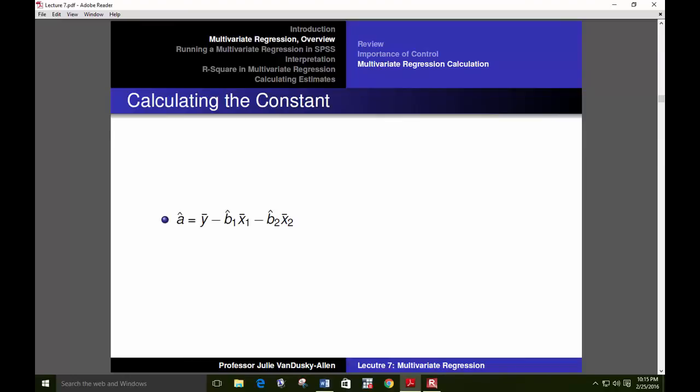You also calculate the A hat separately. This calculation is similar to the calculation for A hat in bivariate regression. And you calculate the significance tests for each B hat and A hat separately. The significance tests in multivariate regression are the same as in bivariate regression.